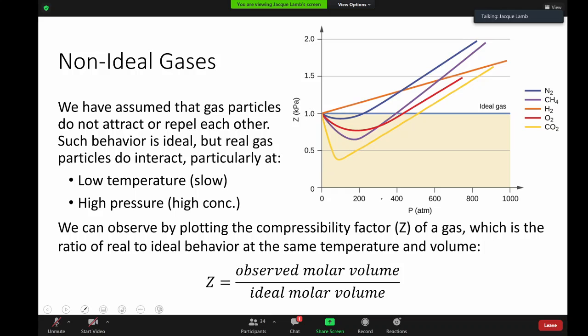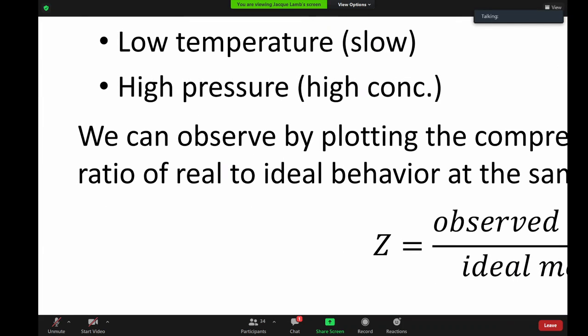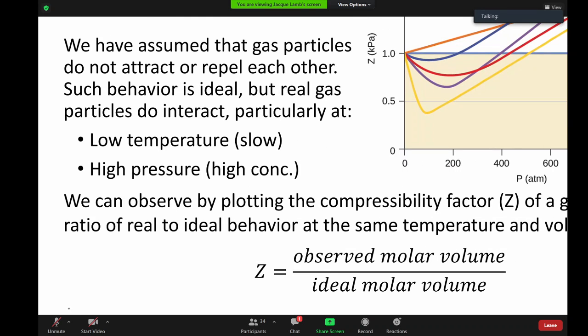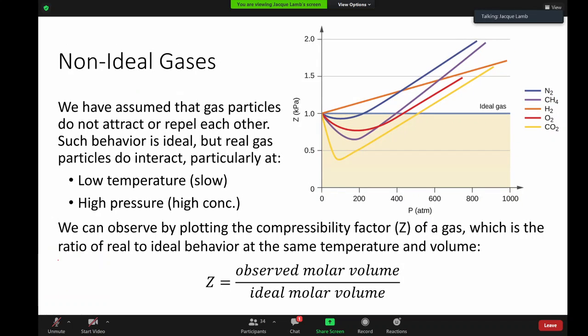We can say that at low temperature, the molecules are moving so slowly that they have more time to interact with each other.